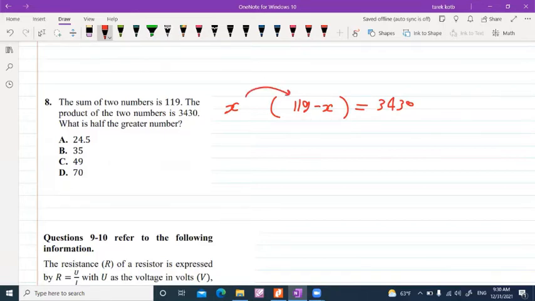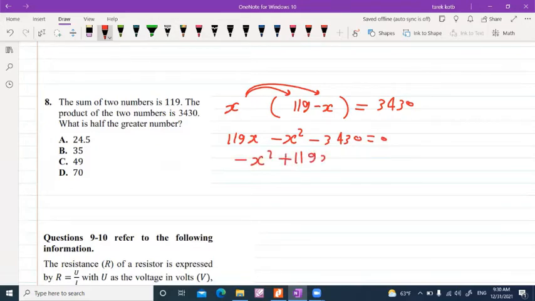It will be 119x minus x squared minus 3430 equals 0. Rearrange this equation to be negative x squared plus 119x minus 3430 equals 0. And then multiply all by negative 1, it will be x squared minus 119x plus 3430 equals 0. This quadratic equation you can solve by the calculator.